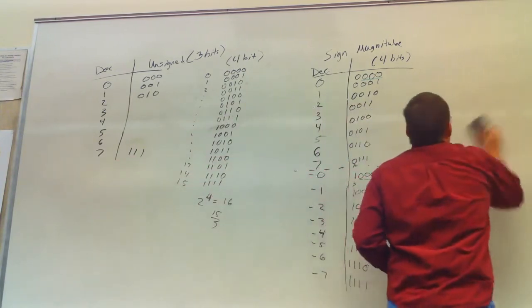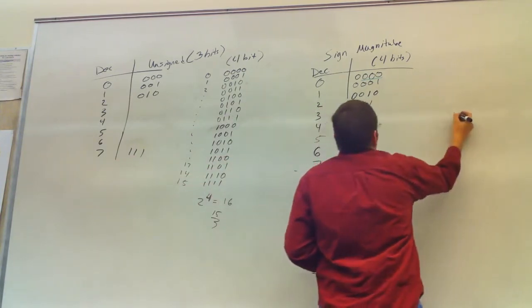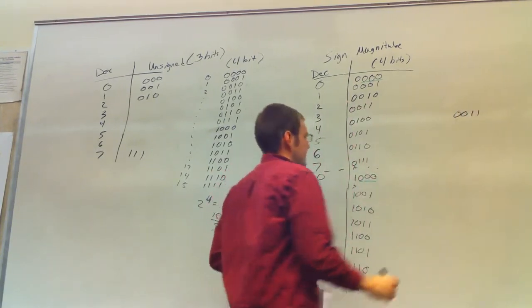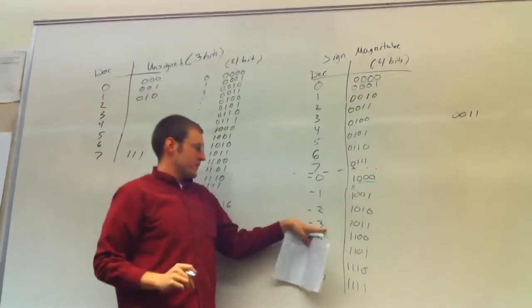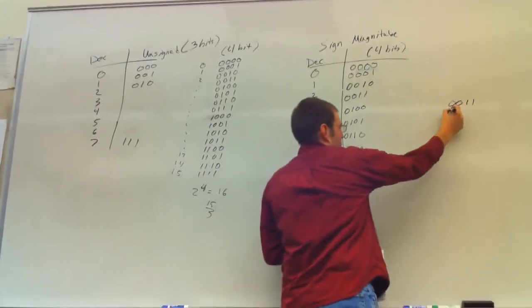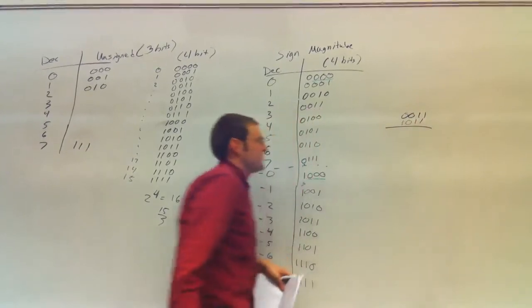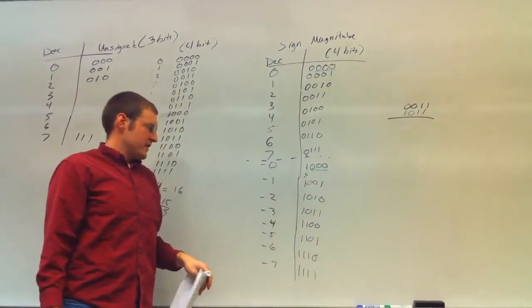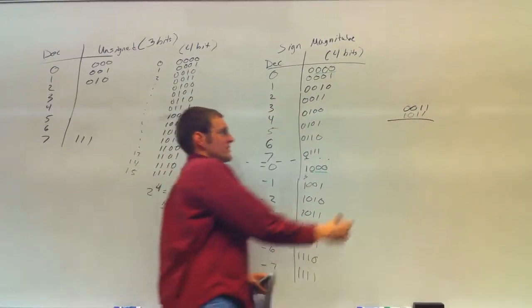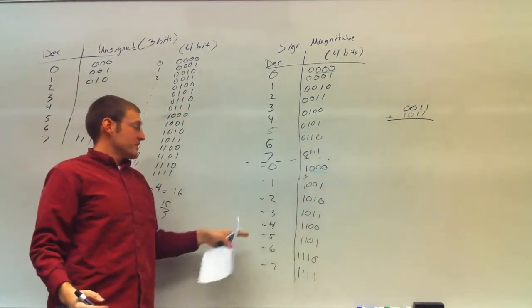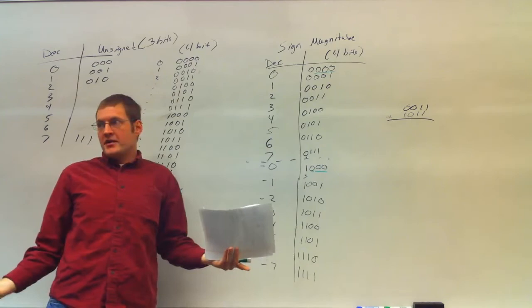So if I have 3 and I want to subtract 3 from it, 3 is 1, 0, 1, 0, right? Basically I'm going to add these two numbers together. I'm going to add 3 plus negative 3, which is basically 3 minus 3, right?